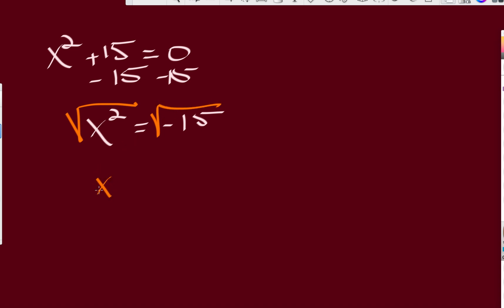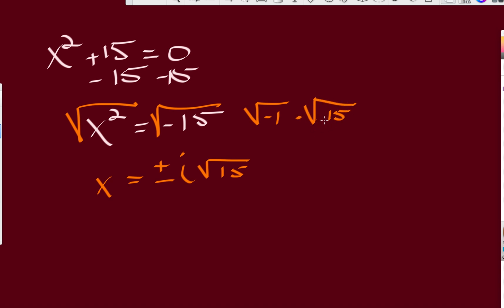So x is going to be equal to plus or minus the square root of negative 15, which I'll break up into negative 1 and 15. And I'm going to say plus or minus i times the square root of 15, right? Because I broke this up into the square root of negative 1 times the square root of 15.